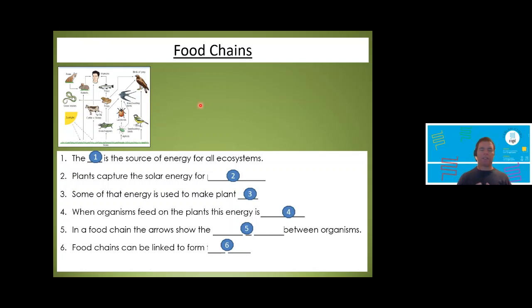Now would be a really good idea, as you make a note of those whenever you're doing these fill in the blanks exercises, to put all your other material away and just look at those individual words and see if you can put them together in coherent sentences that explain what we've just said about food chains. Reproduce the sentences you're seeing in front of you, not word for word, but just get the gist of them using only those fill in the blanks words as waypoints.